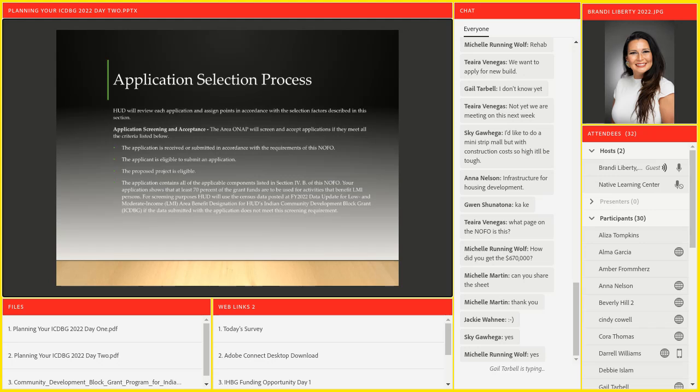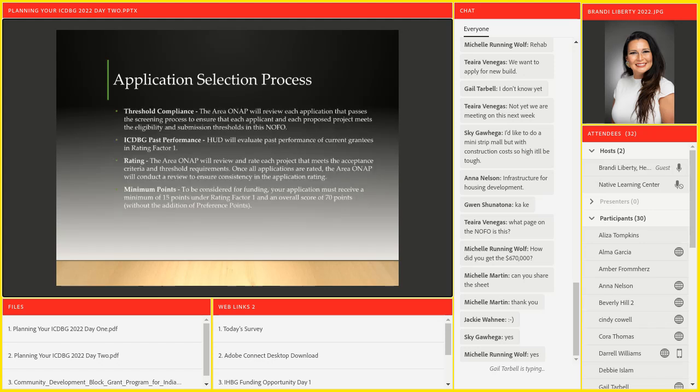For screening purposes, HUD will use the census data posted at the fiscal year 22 data update for LMI area benefit designations for the HUD ICDBG if data submitted with the application does not meet the screening requirements. They're also going to look at the threshold compliance and ensure that you pass the screening process there.